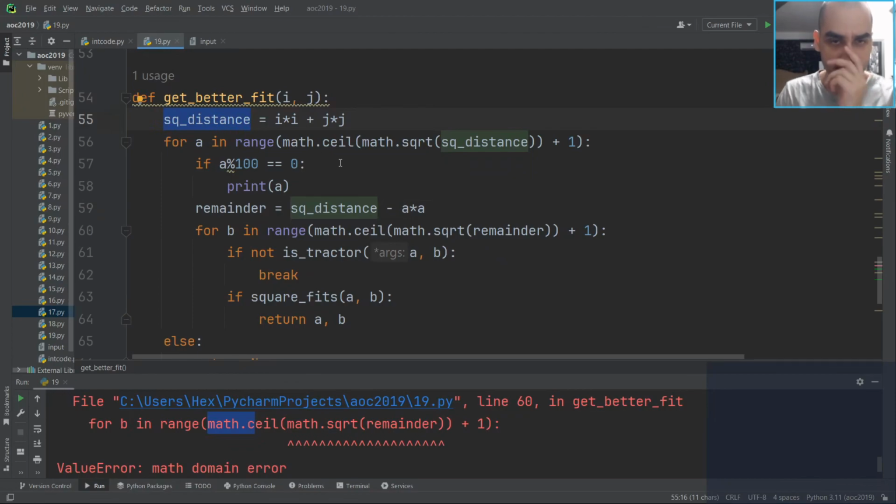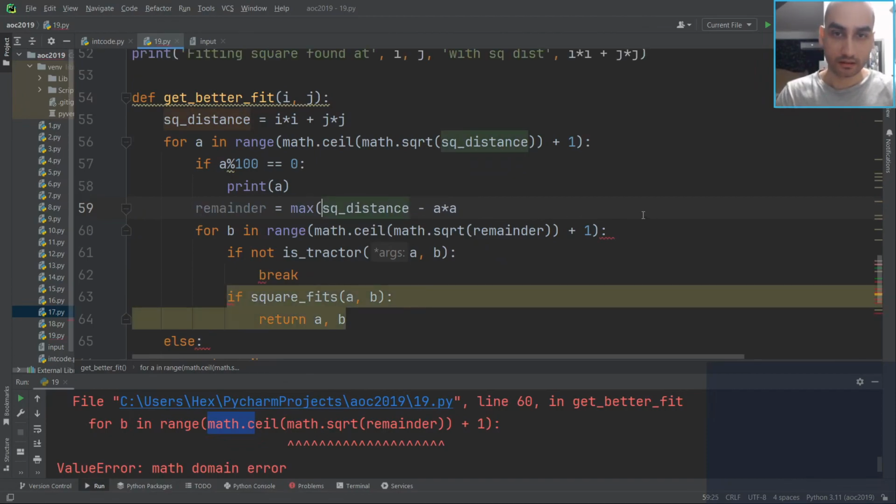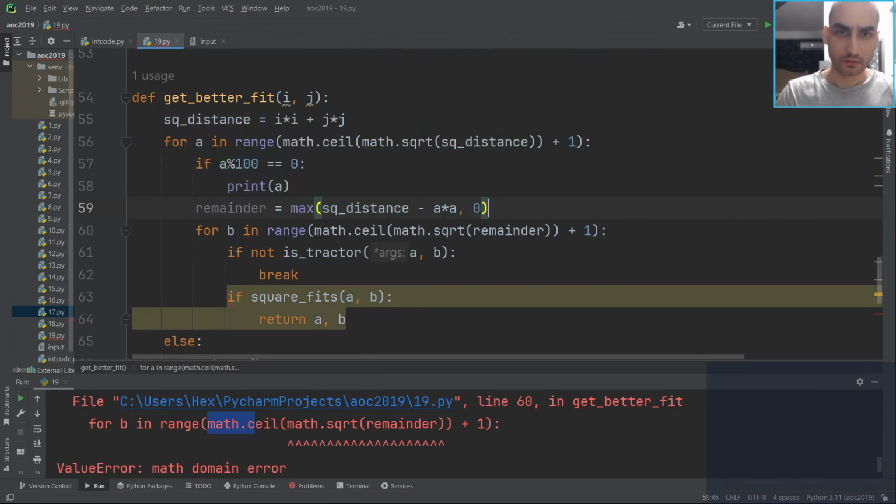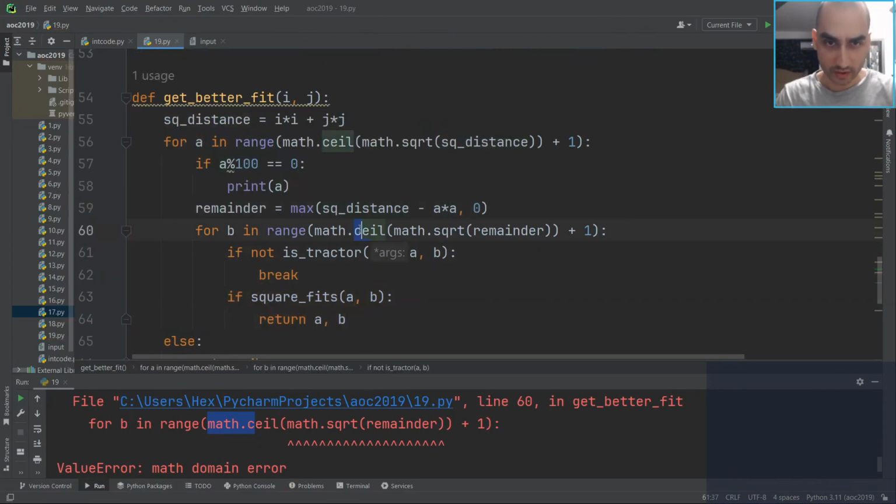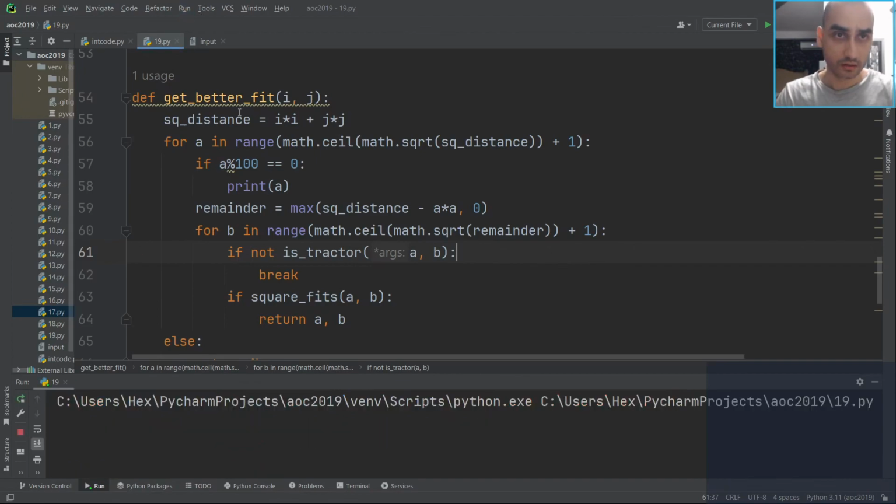Square distance. Oh, because of this weird rounding. Okay, just say max of that and 0. I thought this would still work, because this will just be... Okay, just try.